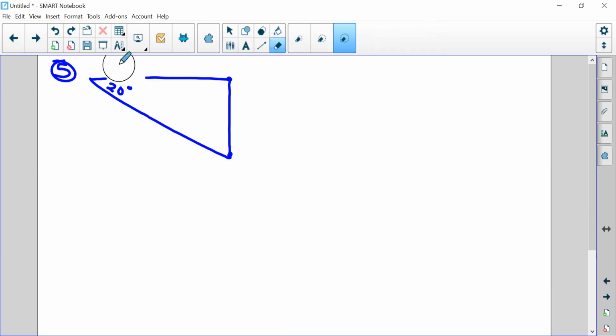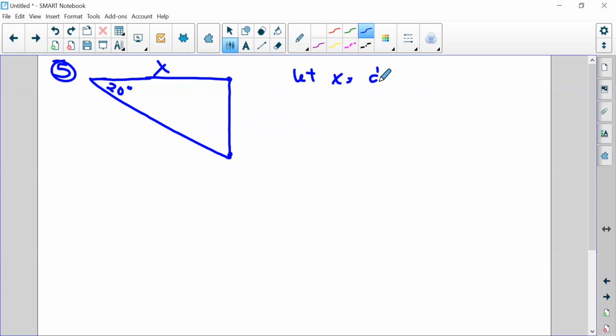So let's say I'll let x here represent the distance in kilometers the ship traveled.